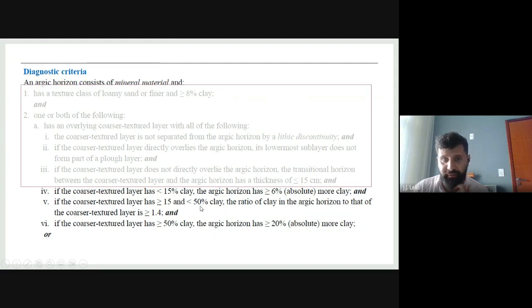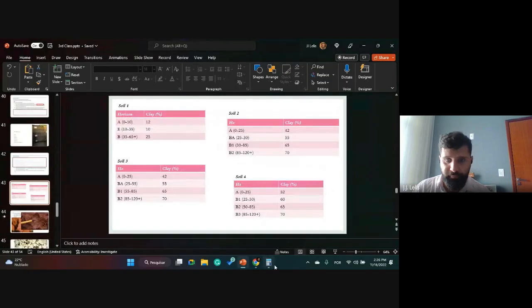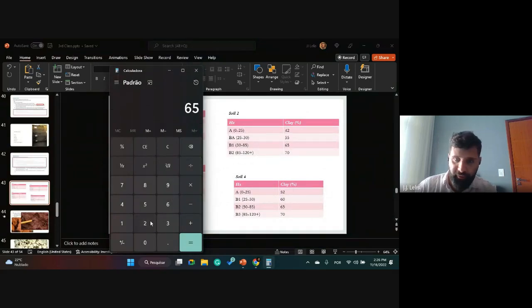So in this case, the ratio of clay content between the argic horizon and this coarser texture layer should be equal or higher than 1.4. So let's calculate the ratio. It's quite easy. The B1 clay content is 65, and the clay content of the A horizon is 42.